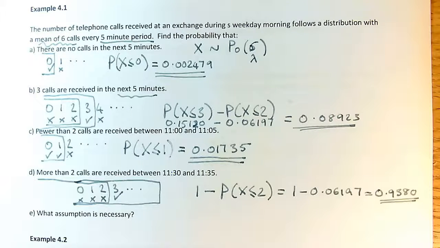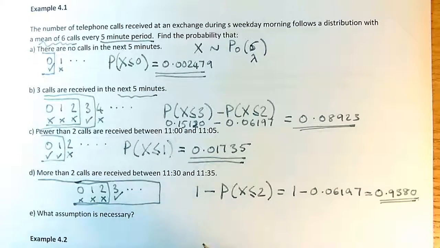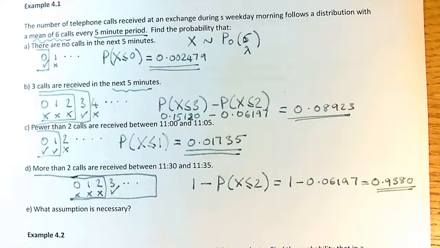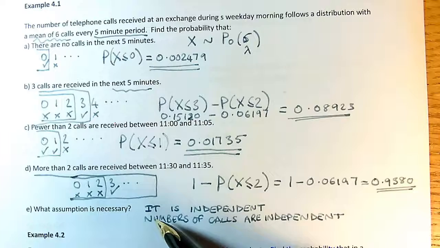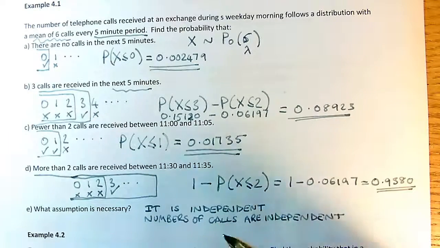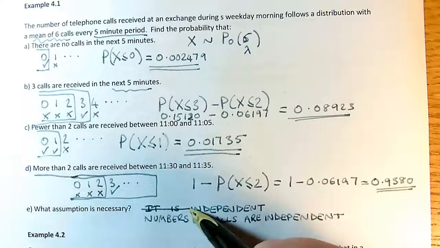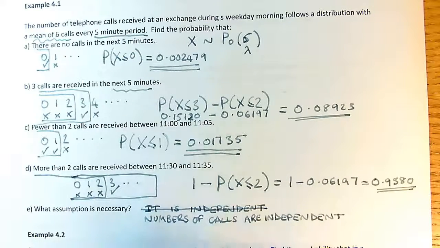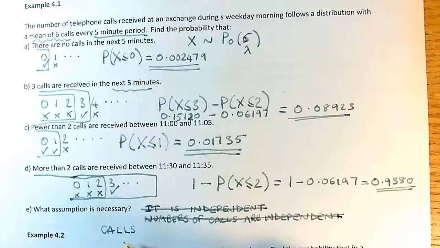Now, I'm going to have a bit of a rant here. What you will not get any marks for are things like these. If you say it is independent, you're not saying what is independent. There's no context there at all, so that's garbage. You wouldn't get any marks for that. If you try and be in context, but you say the numbers of calls are independent, that's utter rubbish. It's not the numbers of calls that are independent. It is just the calls.